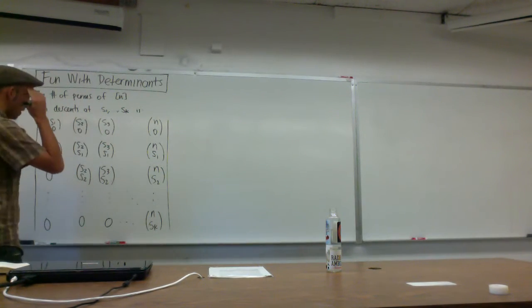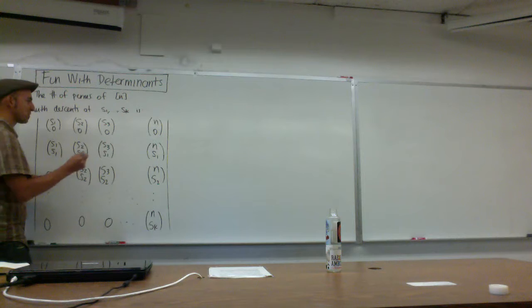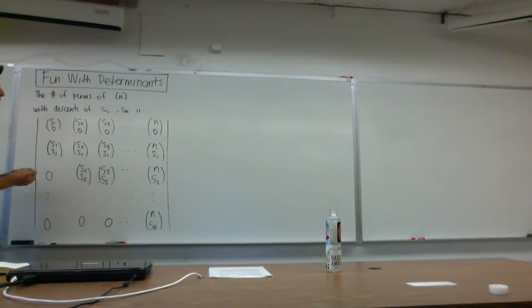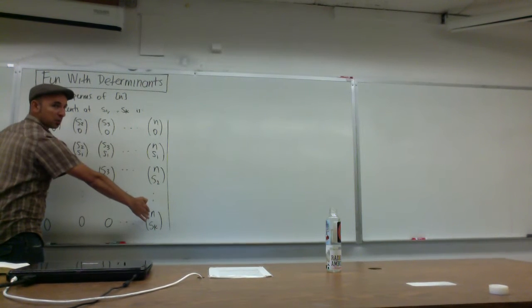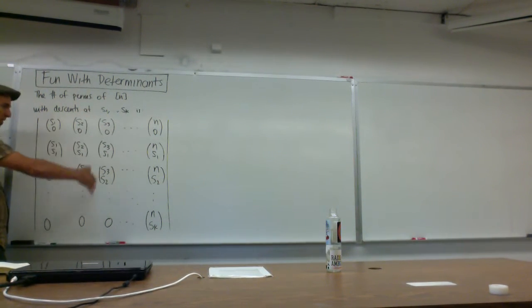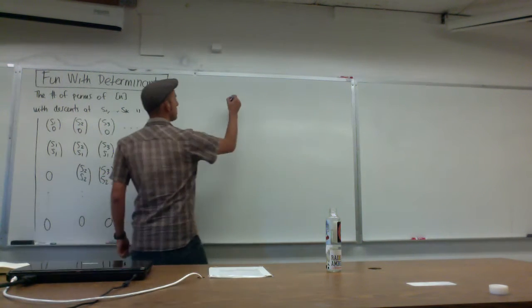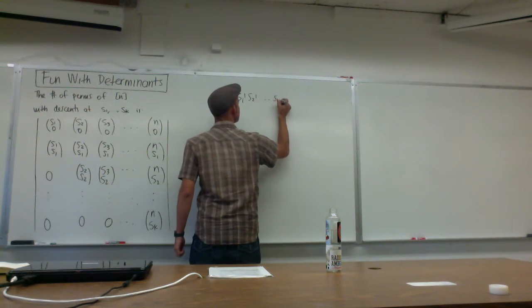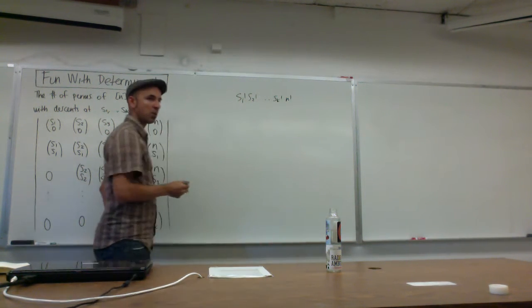So, I'm going to ask you to rewind mentally in your head now. So what did I do? I multiplied this by n factorial, this by sk factorial, so dot dot dot s3 factorial, s2 factorial, s1 factorial, right? So I multiply by this stuff. And what did I divide by?